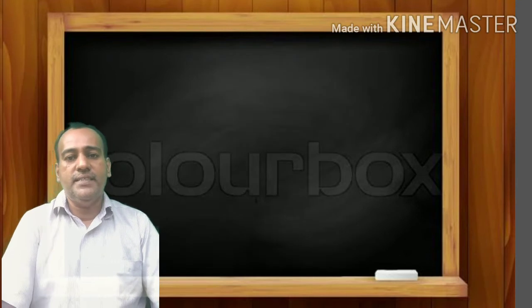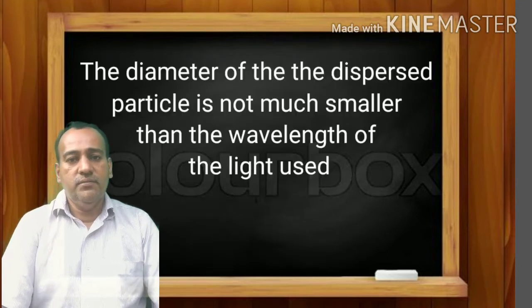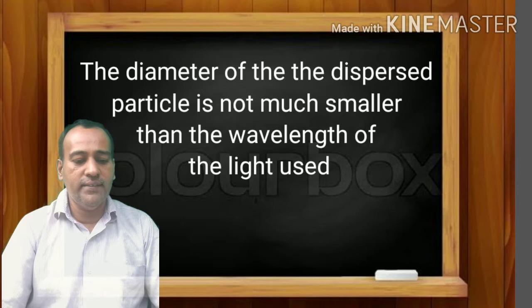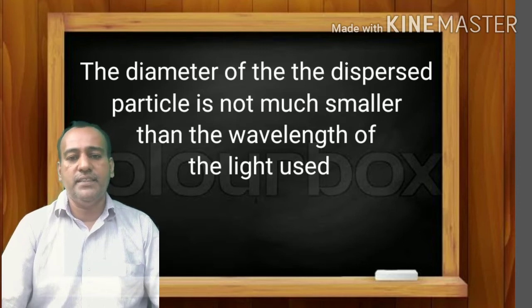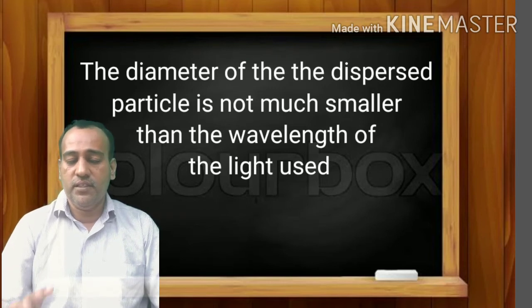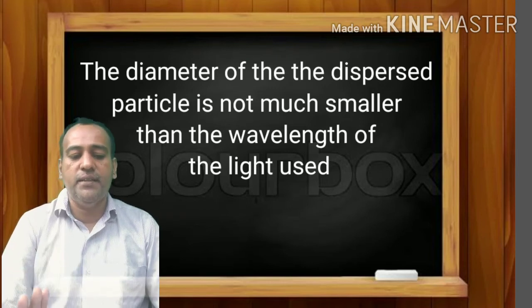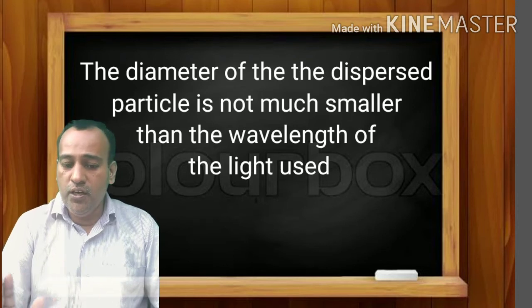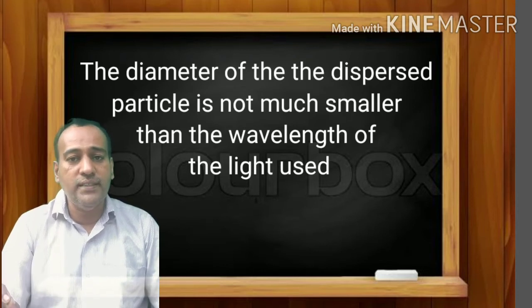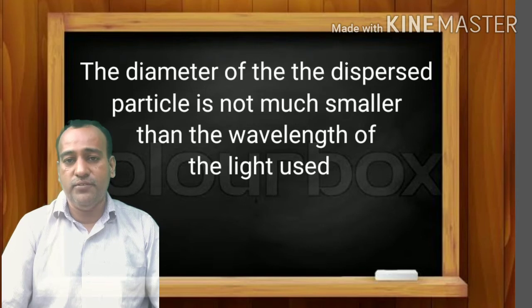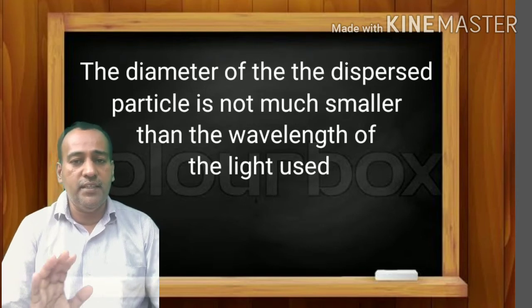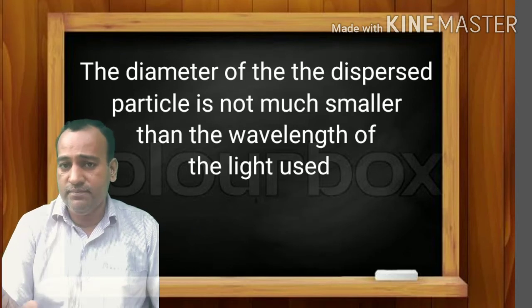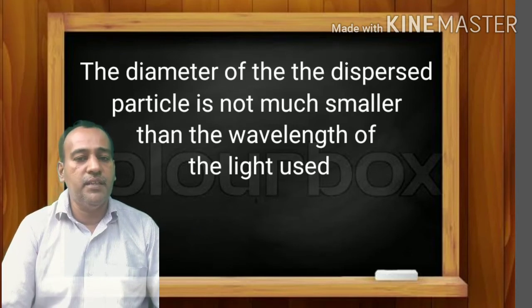There are two conditions for the Tyndall effect. The first one is that the size of the colloidal particle should not be much smaller than the wavelength of the light used.